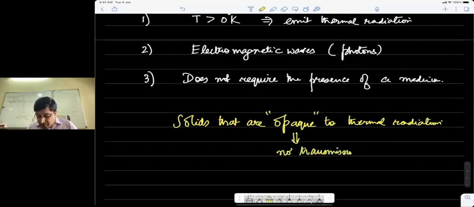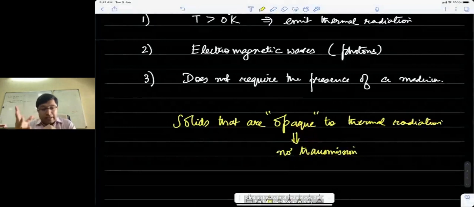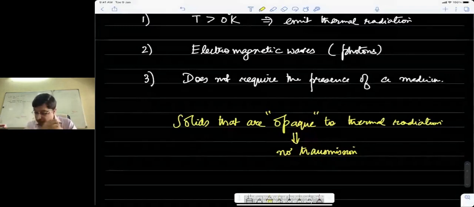So there is no transmission. When a radiation is incident on a solid, it can either reflect it or it can absorb, but it will not transmit. Like you can say glass is one of those things which can actually transmit light, for instance. But we will not deal with these kinds of materials. What I'm talking about is thermal radiation, not incident light. There's a big difference there, and we'll discuss that at a later time.